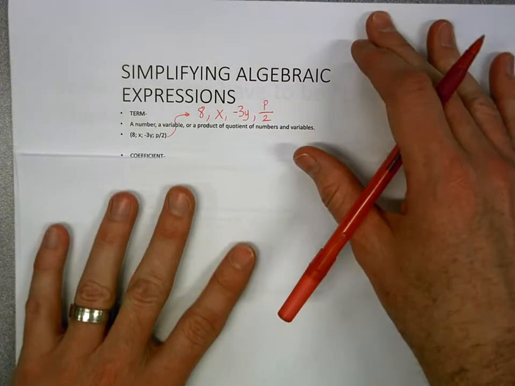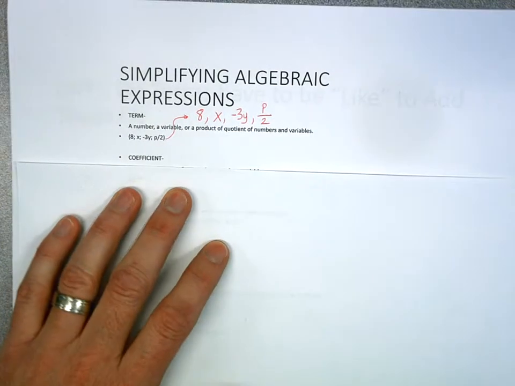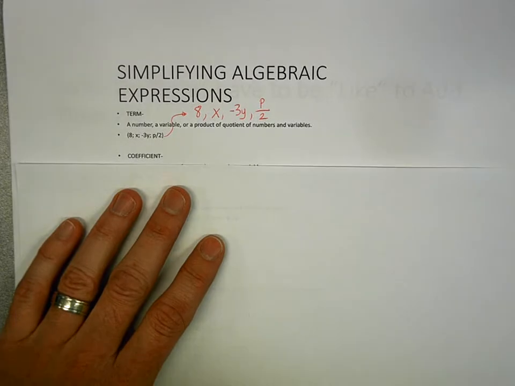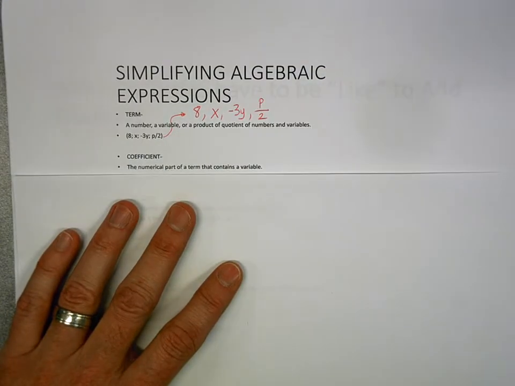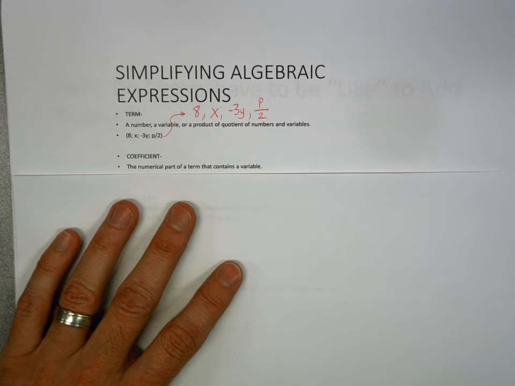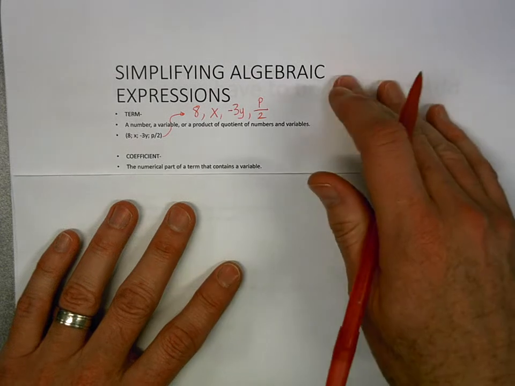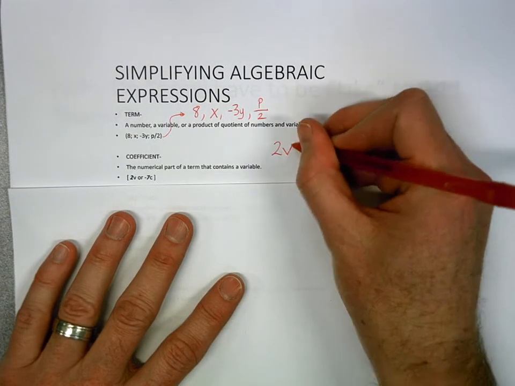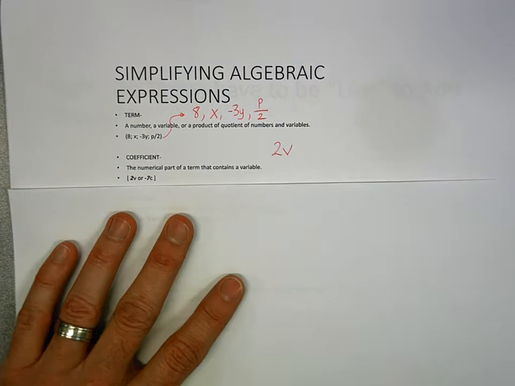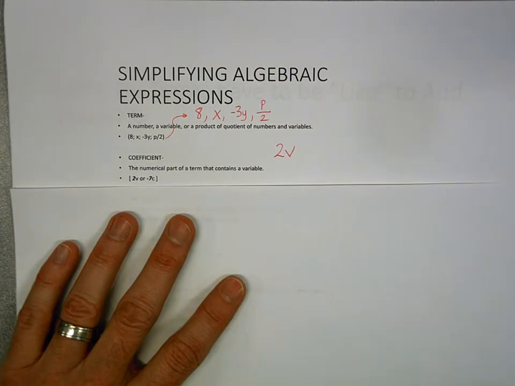Our next word is coefficient. A coefficient is the numerical part of a term that contains a variable. In your little box, go ahead and write this down: 2v, 2 times v.